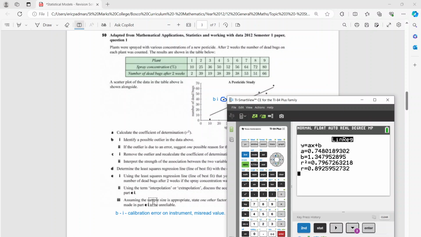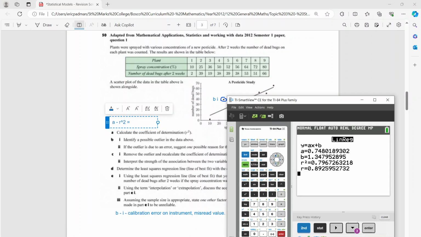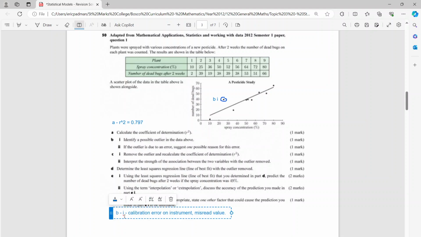So that is A, R squared equals 0.797. Done. That was actually part 2.